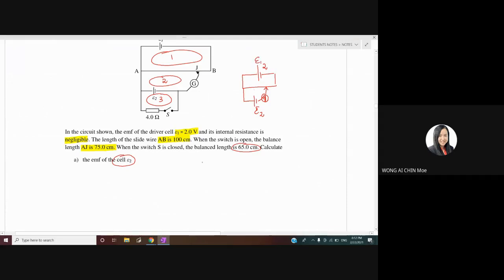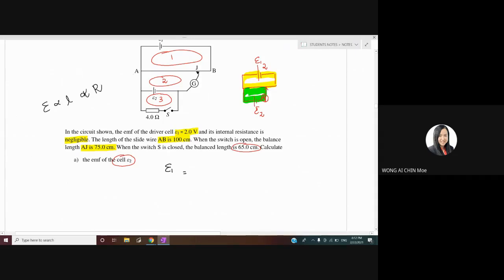So what we should do is compare. Like what I mentioned just now, we have 2 loops. The first loop, and also another loop at the bottom here, the green color. So we compare the big loop, E1, the length. As I mentioned, EMF or V is directly proportional to length, and to the resistor.